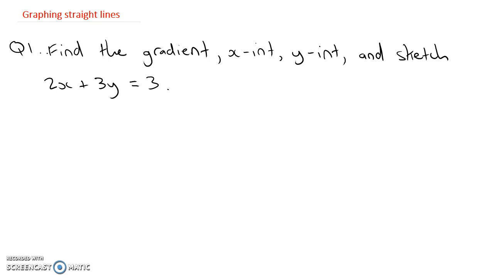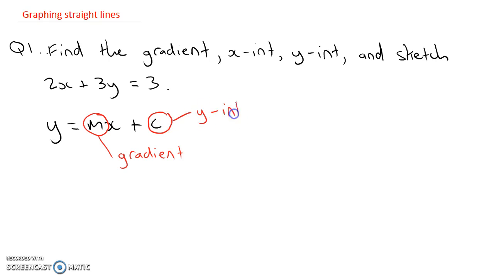Now, the gradient intercept form is y equals mx plus c, where this m value is the gradient, and this c value is the y-intercept. So let's rearrange this linear relation into gradient intercept form.